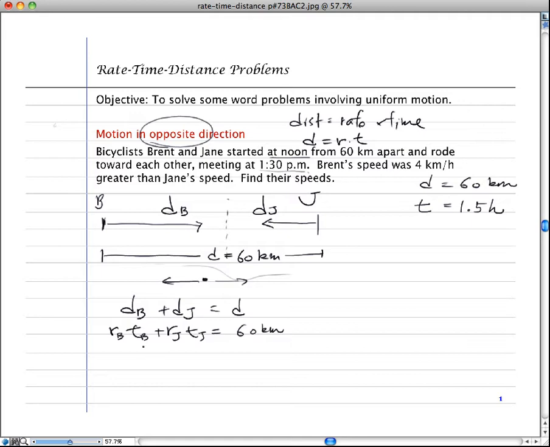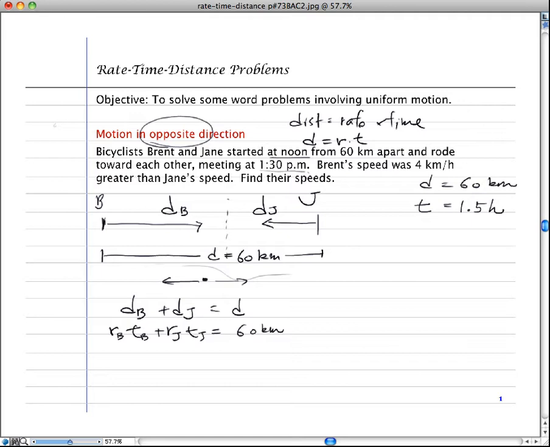The reason we put T sub B and T sub J is that we don't know if they traveled for the same time or for different amounts of time. The question implies that they both started at noon and they met at 1:30, right?